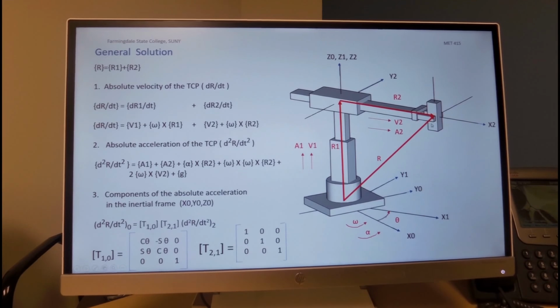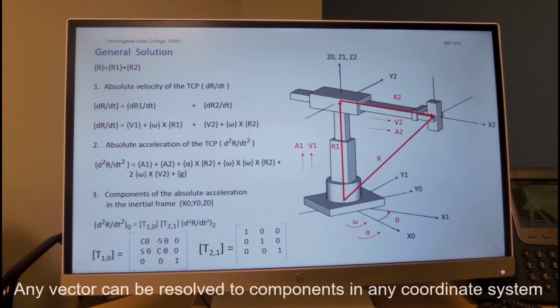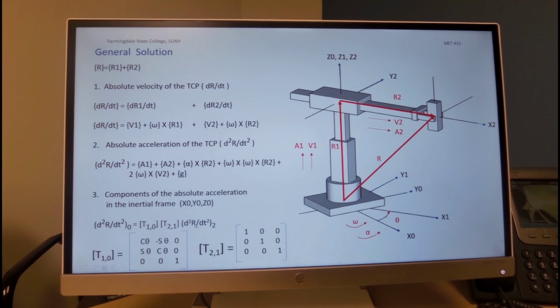To resolve the absolute acceleration that we find here into coordinate system 0, we have to first find the resolution of this vector, which is the absolute acceleration, in coordinate system 1. To do that, we take the resolution in coordinate system 2 of the acceleration and we transform it to coordinate system 1 by this matrix of transformation 2 to 1.